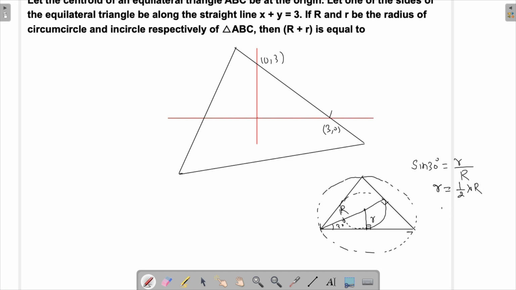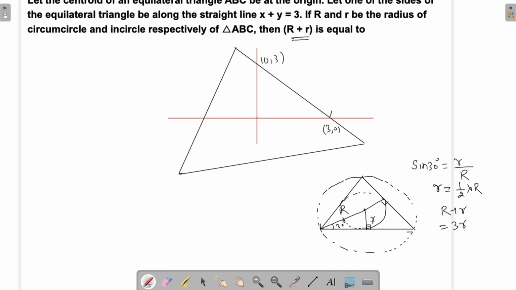I am supposed to find R plus r. Basically, I could say that I could find out 3r, that is what I can do, right? R is actually equal to 2 times r. So if I find out my r, then I will be able to find out this relation.